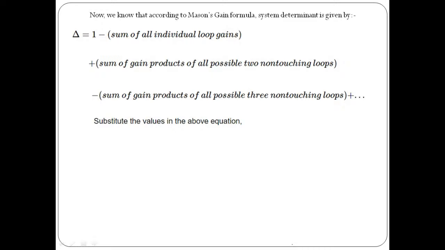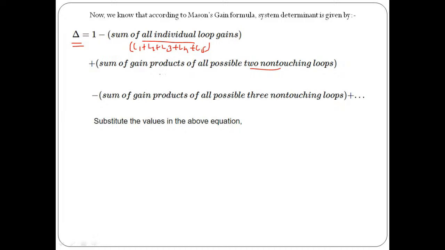Once we identify all the possibilities, then we need to use this formula to calculate the value of what? Delta. So delta is going to be 1 minus the summation of all individual loops. So here we need to take L1 plus L2 plus L3 plus L4 plus L5, and then plus the summation of gain products of all possible two non-touching loops.